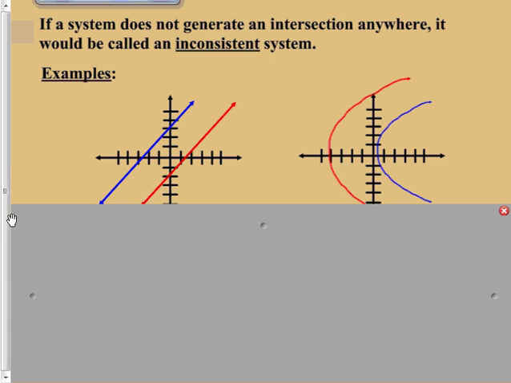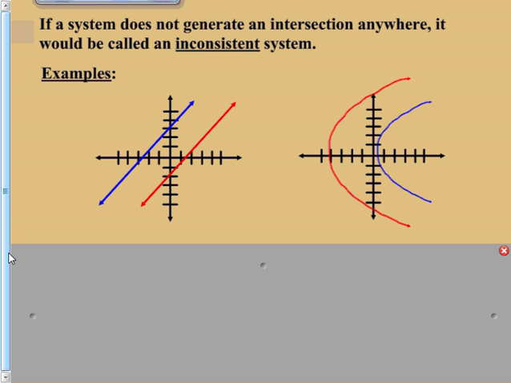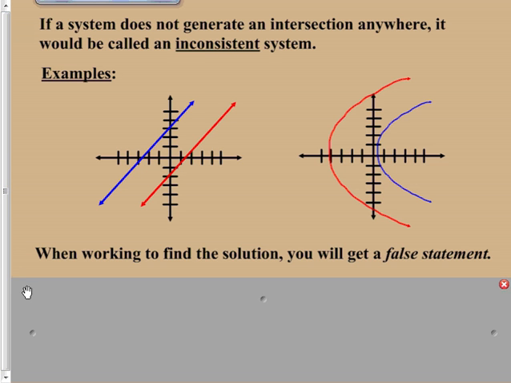Now, graphical examples for an inconsistent system, as you can imagine, whatever the graphs are doing, they are doing it similarly, kind of like the parallel lines in the system on the left, or possibly parabolas that are shifted from each other but are carrying the same amplitude. They are expanding at the same rate but also heading in similar directions. So they may simply run alongside each other but never actually intersect.